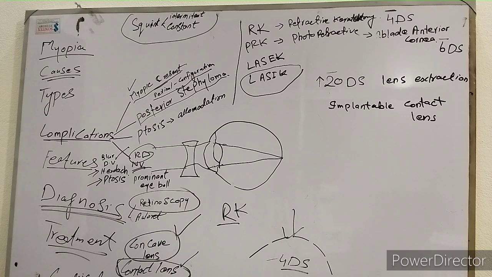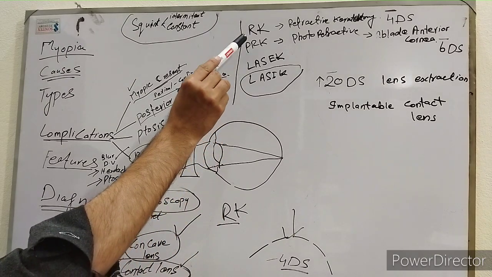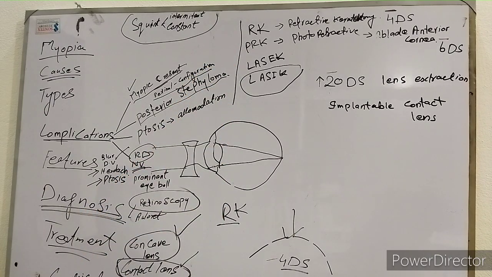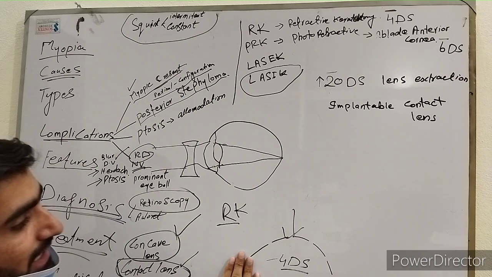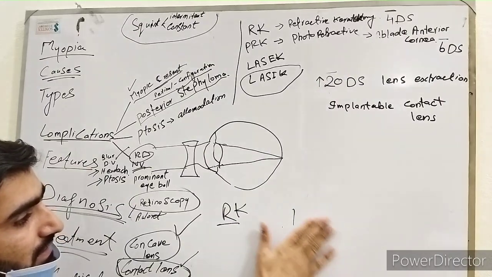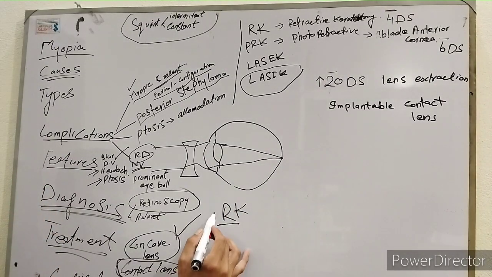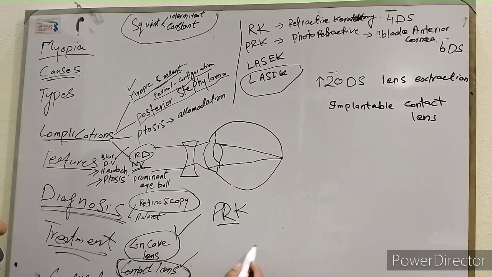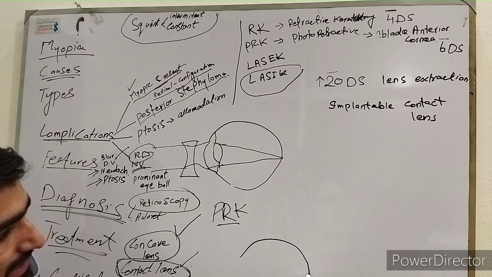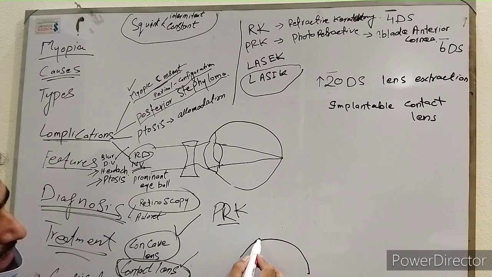Second one is photorefractive keratectomy. In this case, we ablate a layer of epithelium. This is our cornea, this is our anterior cornea, or we can say epithelium.